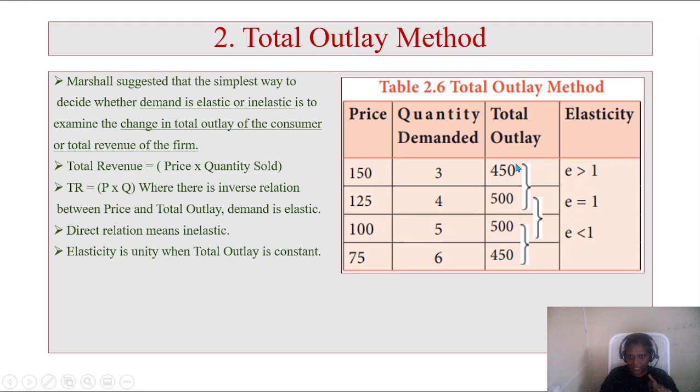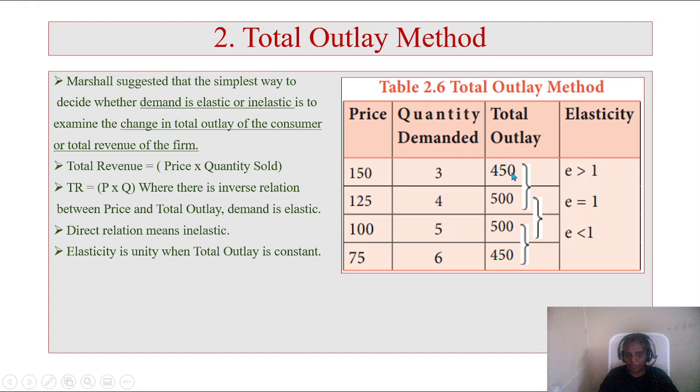At the same time, you see the total outlay, the expenditure of the consumer. When the price is 150, the total expenditure of the consumer is 450. If the price decreases, you are tempted to buy one more, and you are spending 50 rupees more to buy 4 commodities. At that time the total outlay, or the expenditure by the consumer, increases.